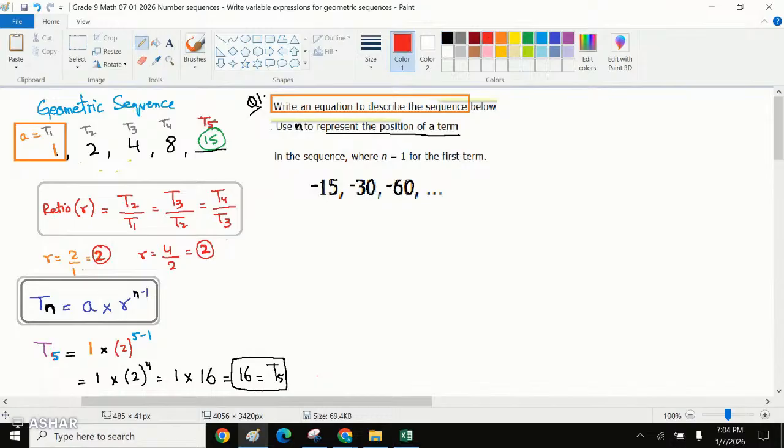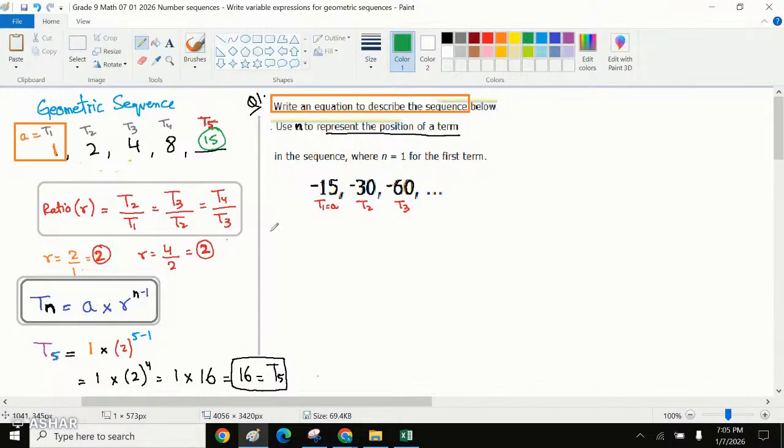Let's say this is term number 1, that is A. The term number 1 is always represented by A. Then this would be term number 2, and this is term number 3. Since this is geometric, we need to find the common ratio.